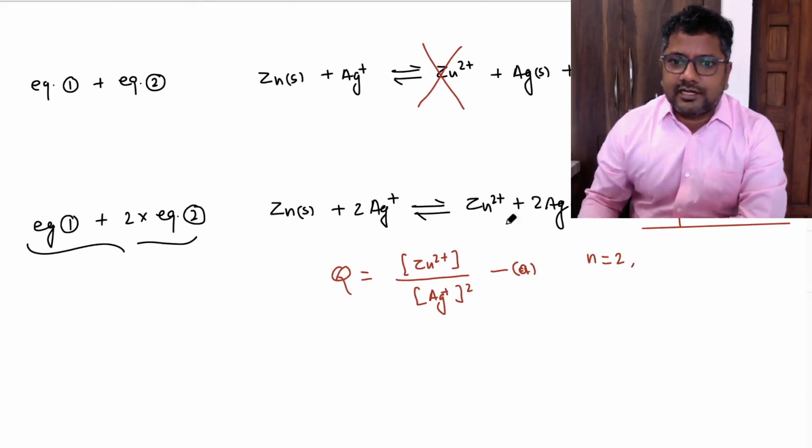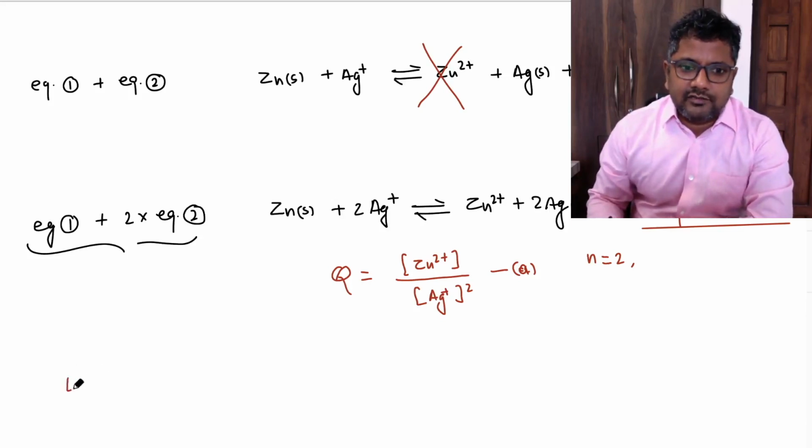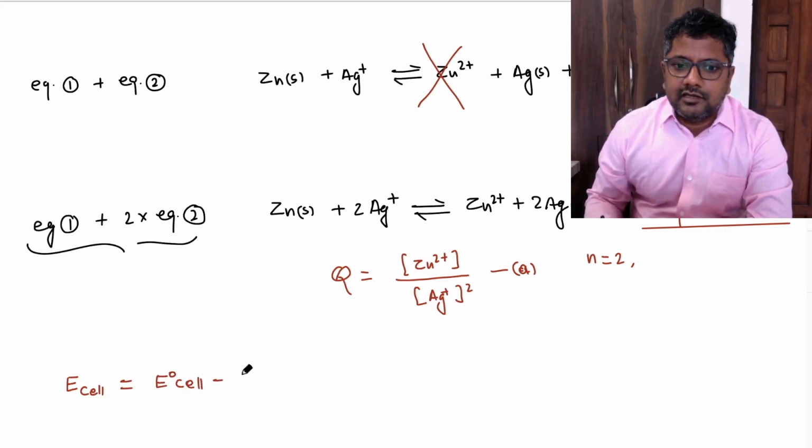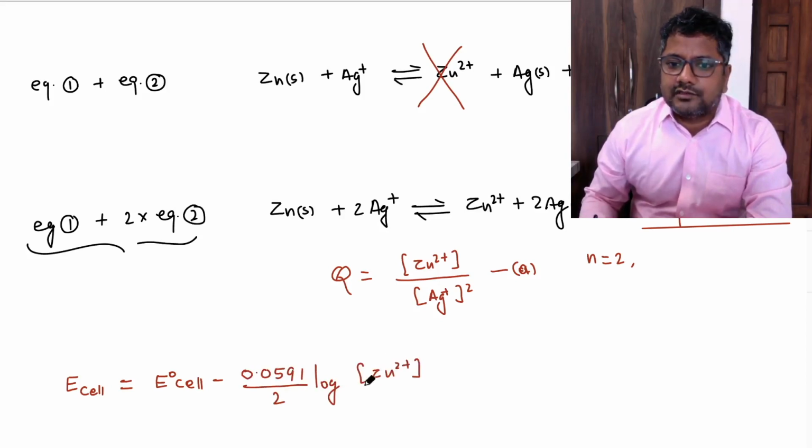Now this is a complete cell. So what do you have to write here? E cell is equal to E naught cell minus 0.0591 by 2 log of Zn2+ by Ag+ squared.